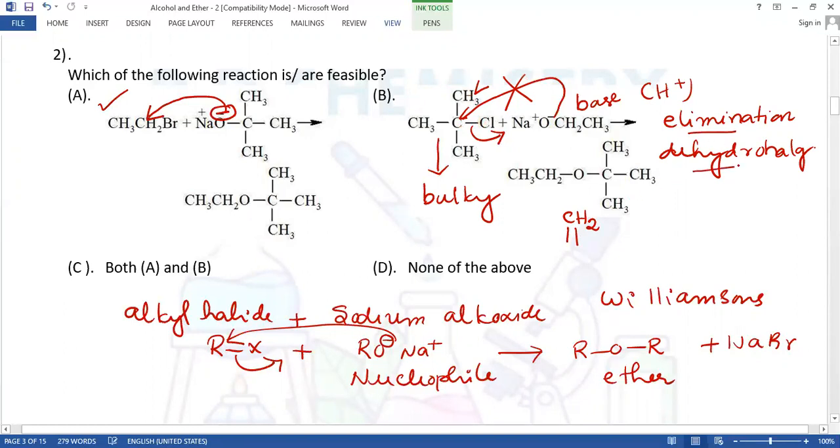Dehydrohalogenation, you know, will give an alkene, then C, single bond CH3, then CH3, right? So we'll get isobutene as the actual main product. We'll not get ether. So what is the answer now? Answer is option number A, right? Question number 2, the answer is option number A, right? Yes.